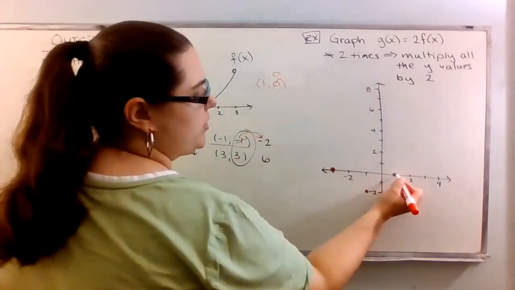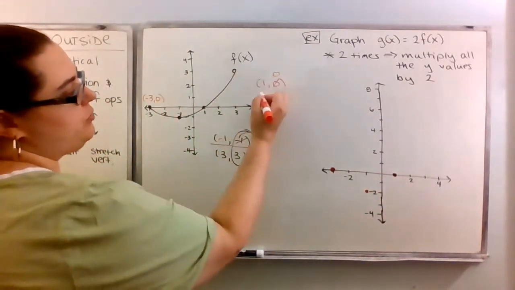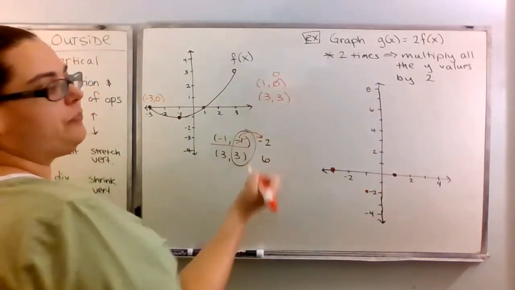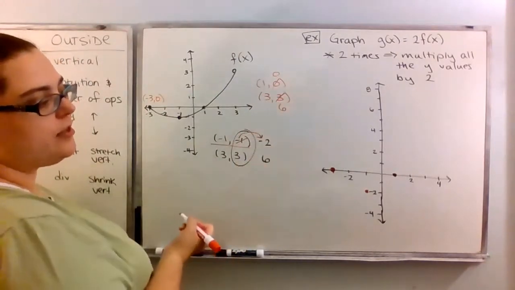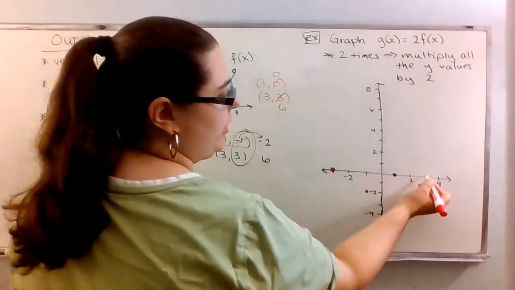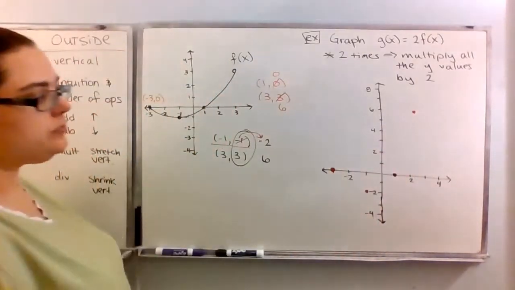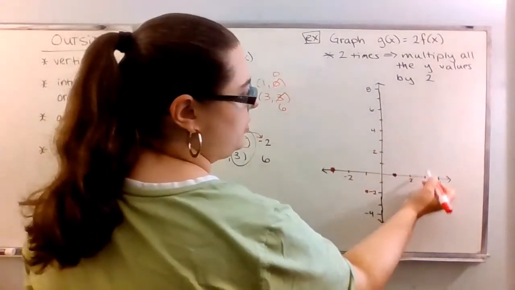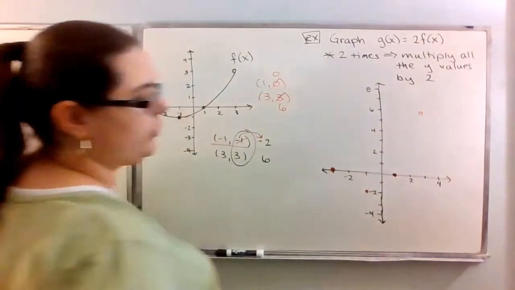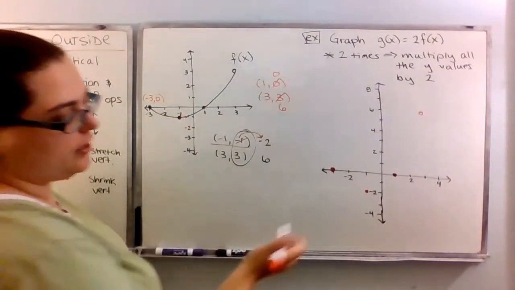I'm going to plot the point 1, 0. And then this point up here was 3, 3. And if I double the y value, 3 times 2 is 6. So it now becomes the point 3, 6. Oh, but it was an open circle, so I got to make sure I graph it with an open circle. And now we connect our points as they were connected on the original graph.